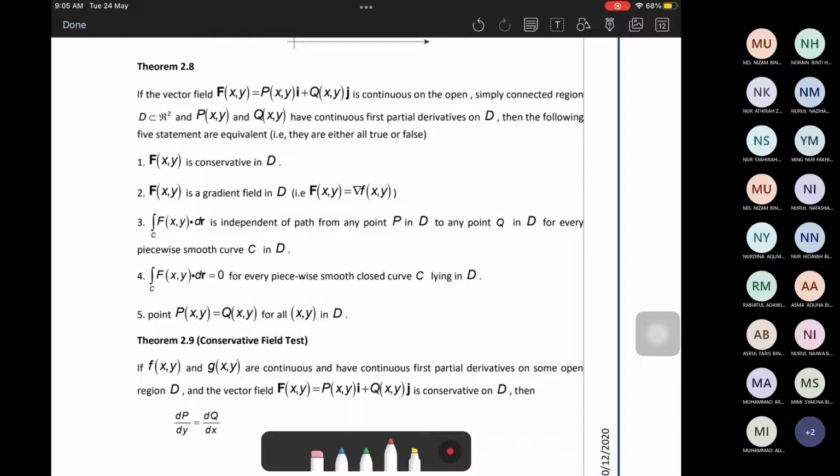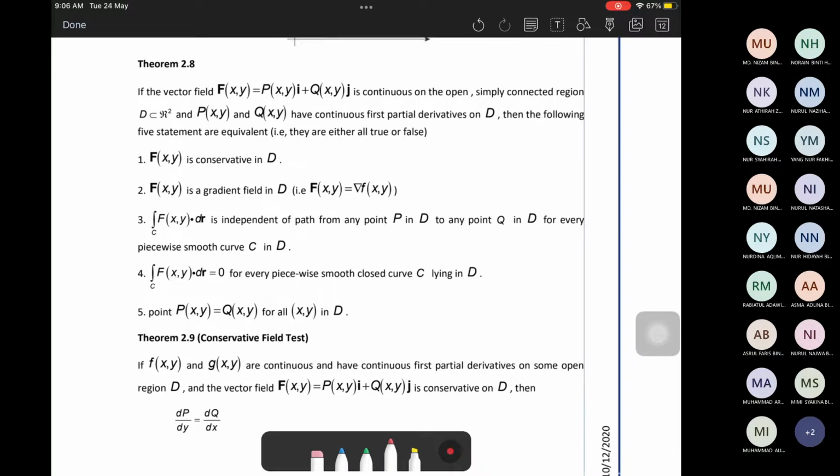Alright, number 3. Okay, since dia adalah gradient field and the f yang small f adalah scalar function. Okay, jadi the line integral is independent of path from any point P in D to any point Q in D for every piecewise smooth curve. Jadi kita can conclude that the line integral is independent of path. Apa dimaksudkan sebagai independent of path tadi?